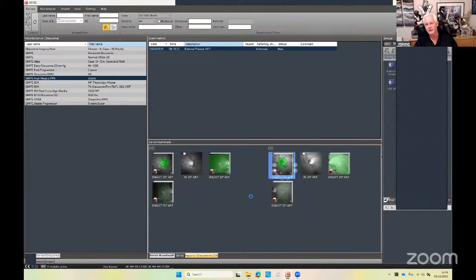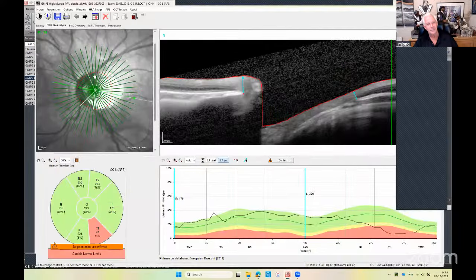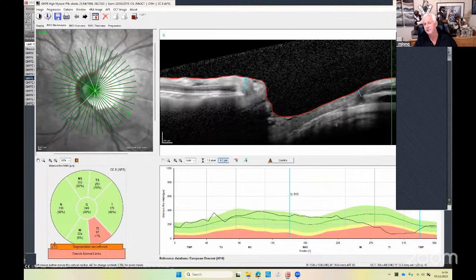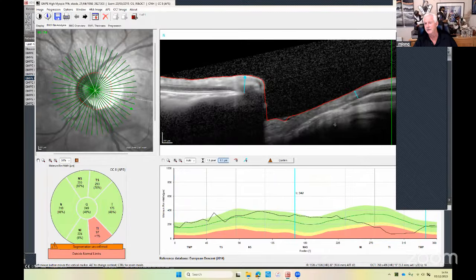If I follow my protocol and start with Bruch's membrane around the disc, we can see that we've identified Bruch's membrane opening as halfway in between the whole area of peripapillary atrophy. But if you have a look over here at the locations, you can see as you go around, these locations change.